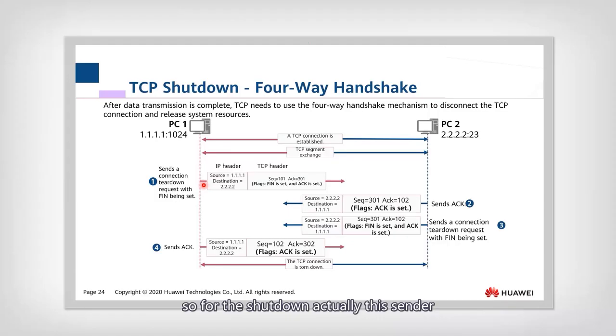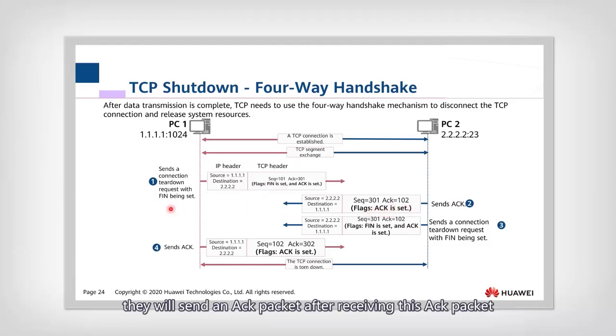For the shutdown, if the transmission from 1 to 2 is finished, then PC1 can try to finish this connection. It first sends a packet with the FIN field set to 1. Then PC2, after receiving this FIN packet, sends an ACK packet.